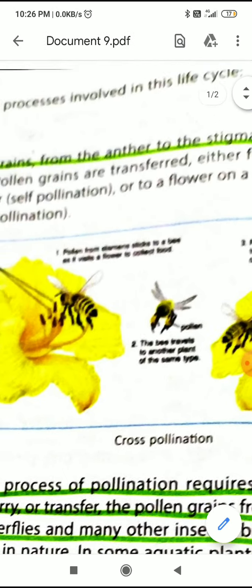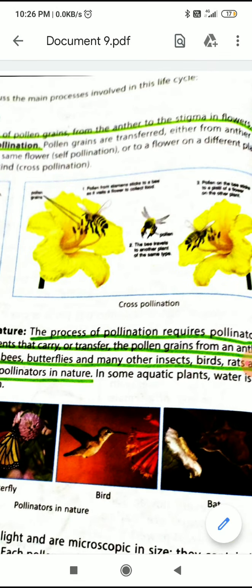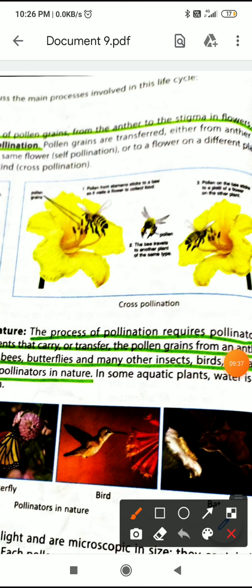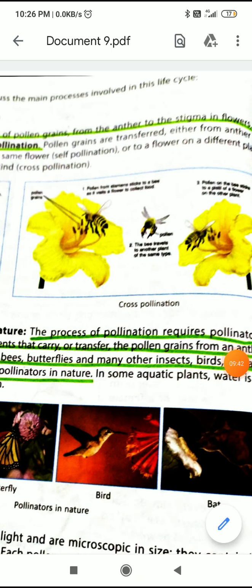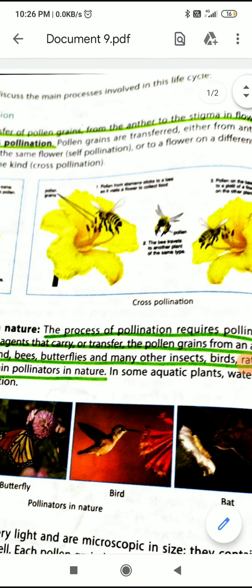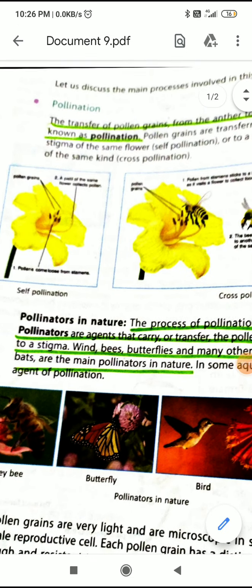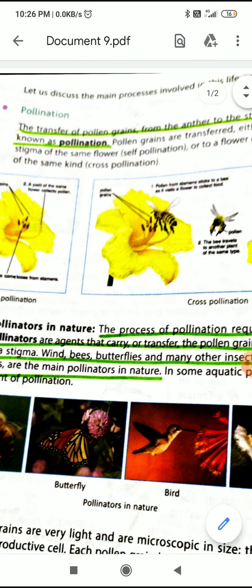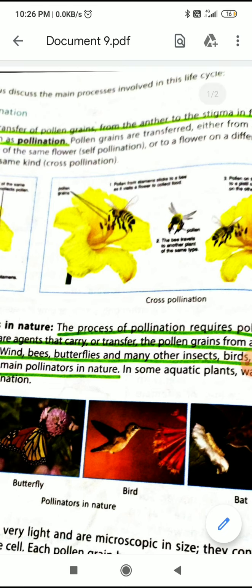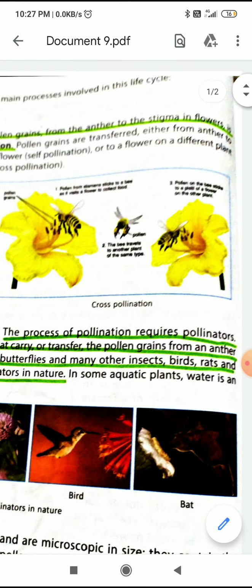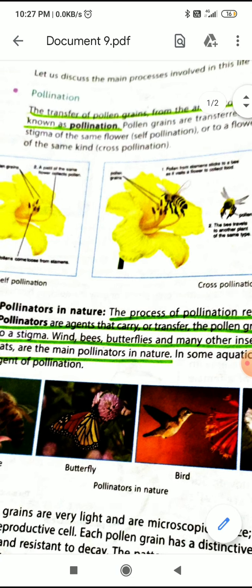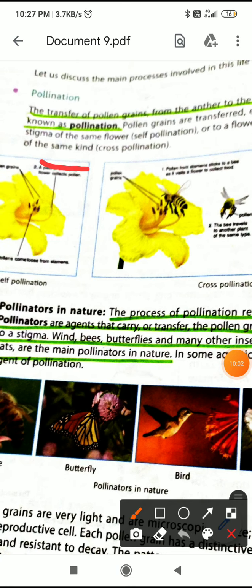You see again, pollen grains are transferred from anther to the stigma of the same flower in self pollination, or to a flower on a different plant of the same kind. You see here that is the same kind. What is the meaning of same kind? It means same species.